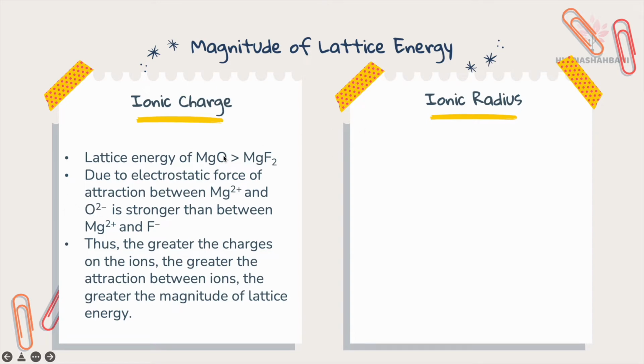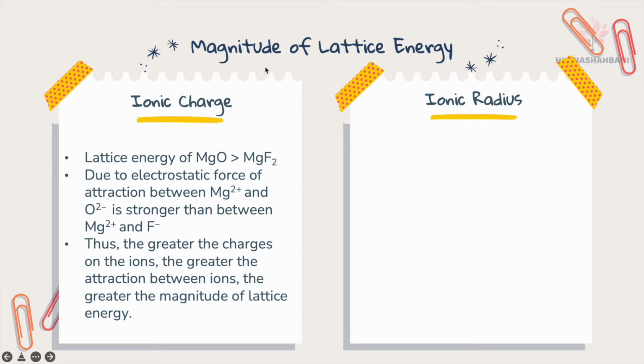So the electrostatic force between Mg2 plus and O2 minus is stronger than the electrostatic force of attraction between Mg2 plus and F minus, because here O2 minus has greater charge. If the ionic charge is greater, the lattice energy is greater. So the greater the attraction between ions, the greater the magnitude of lattice energy.